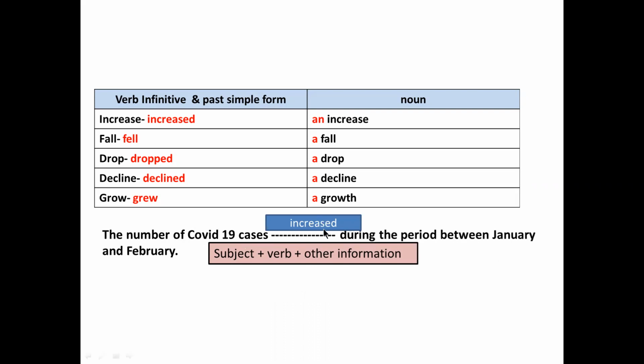So I filled in with the past simple form of the verb. So what type of sentence requires a verb? A sentence that starts with the subject, and then followed by a verb, followed by other information.